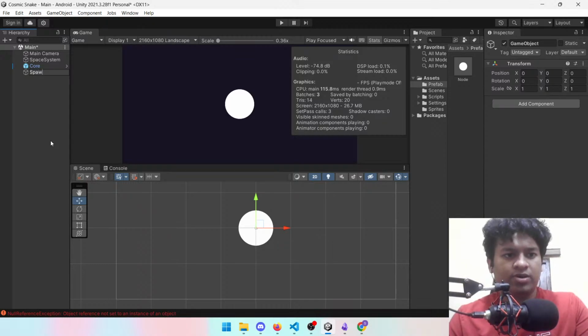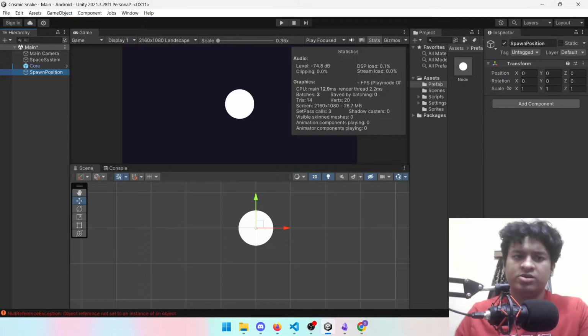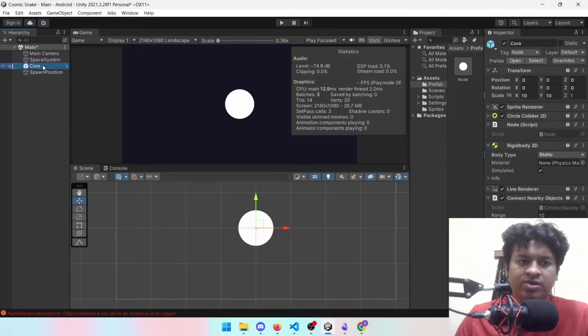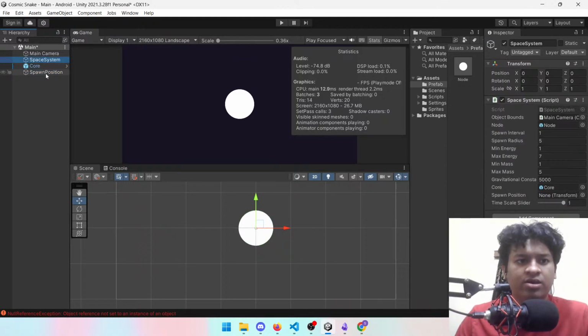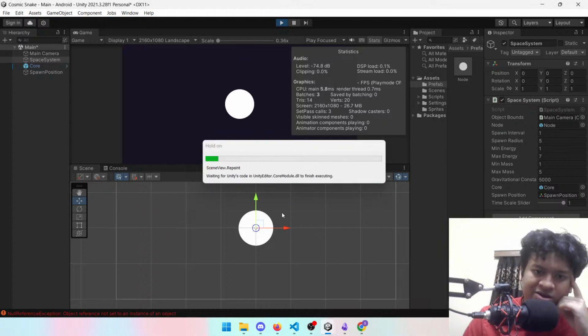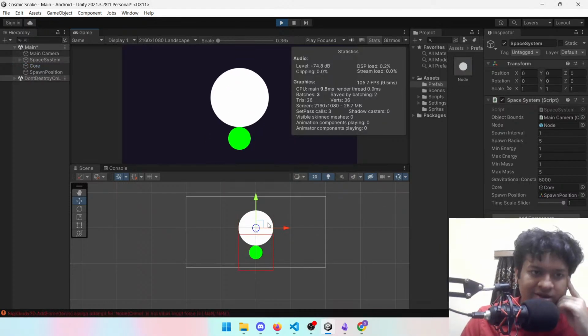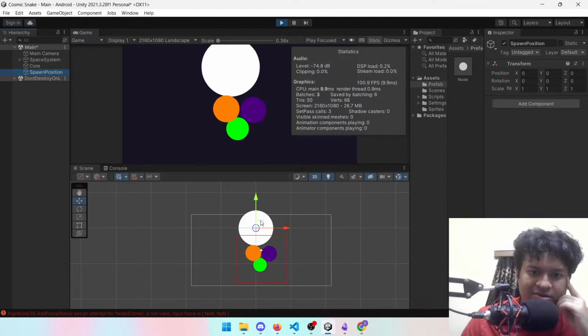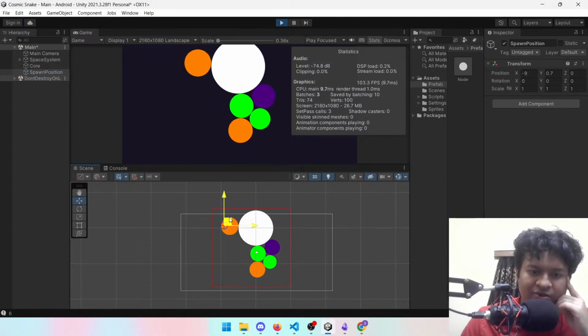This thing, spawn position. I'm giving it a transform manually, and I can move it around. And if this does not move around with it, then I don't know, man. Something's wrong. Okay, it moves around.